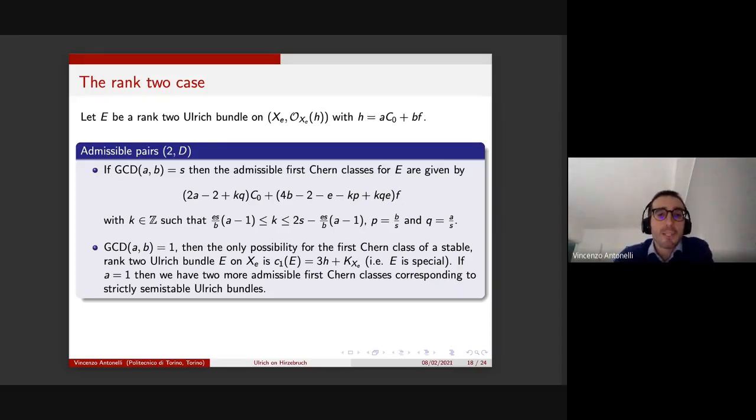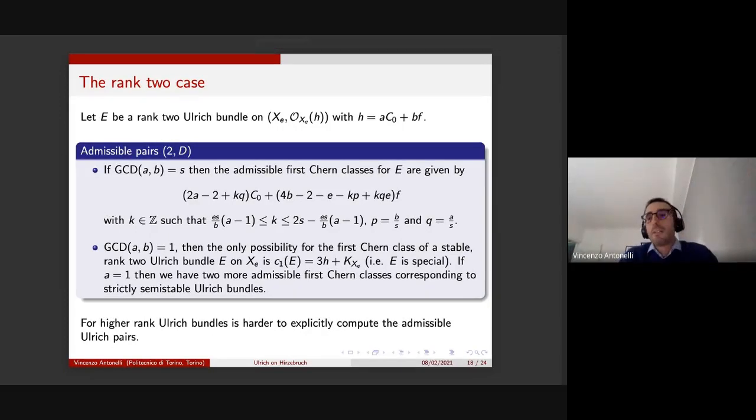So in some sense, the polarization with the greatest common divisor between A and B equal to 1 gives us the least possible number of admissible first Chern classes.